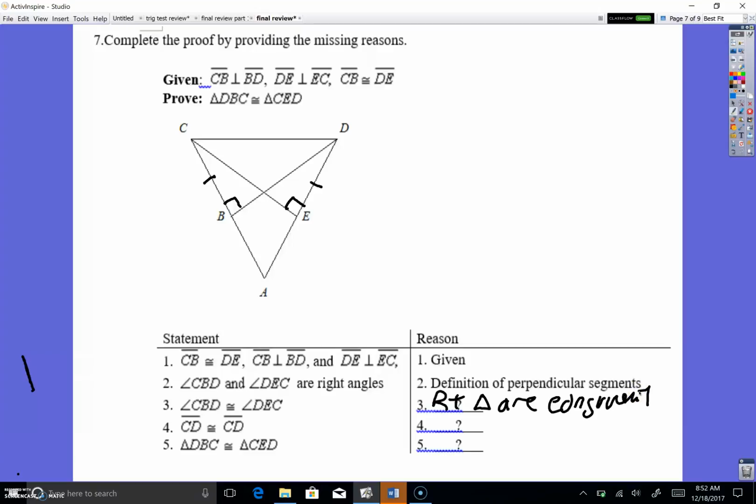CD is congruent to CD, so that is reflexive. And DBC is congruent to CED by hypotenuse, leg.